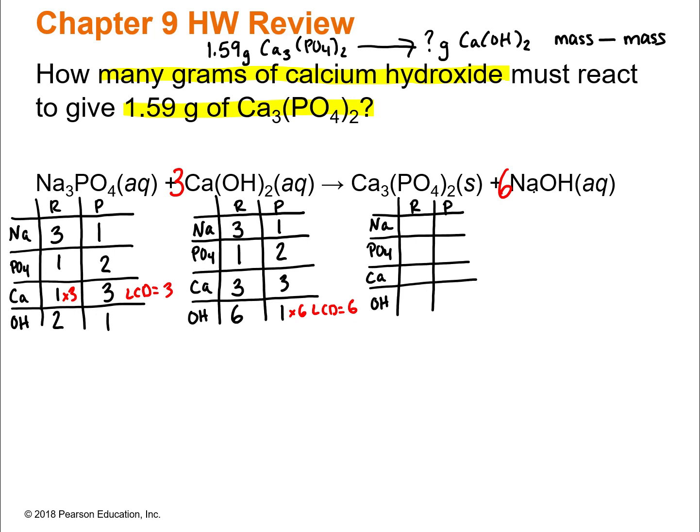Since we put a 6 here, we know that we've made some changes on the product side, but we haven't changed anything on the reactant side, so I can just copy that straight over.